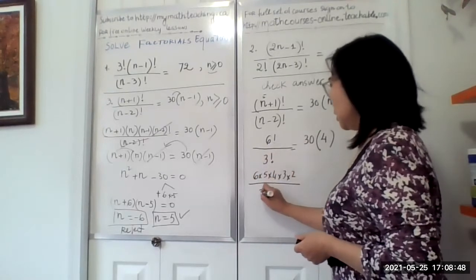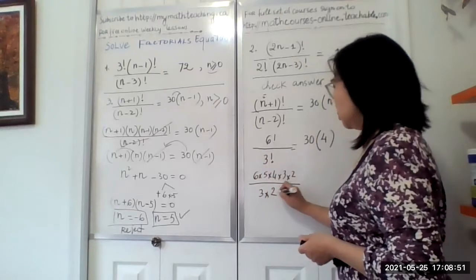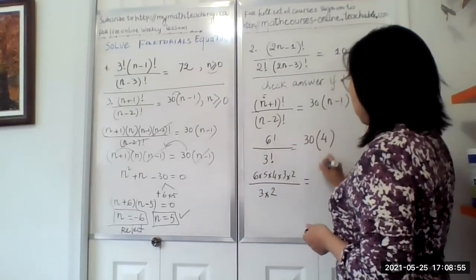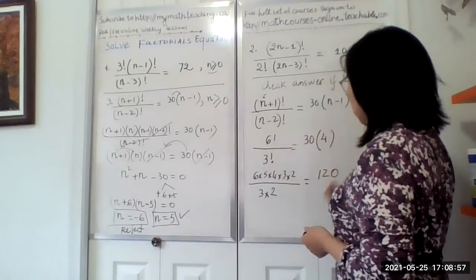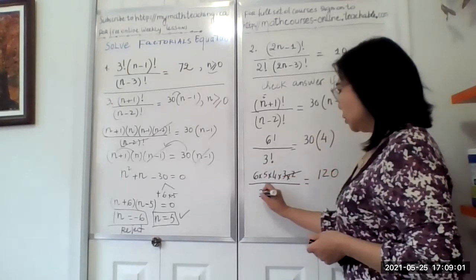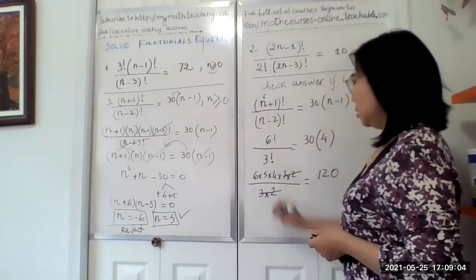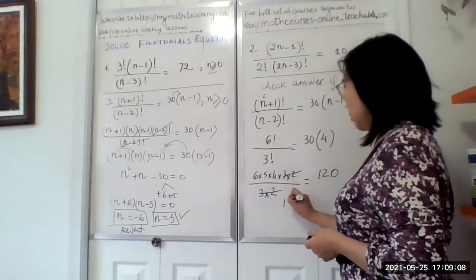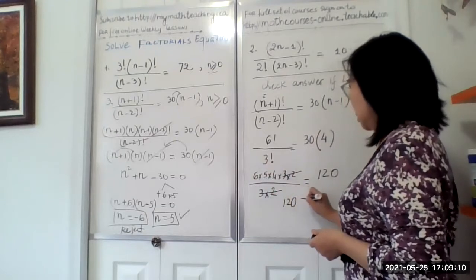Down here we have 3 times 2, equal 30 times 4 is 120. Now let's cancel the 3 times 2 here with the 3 times 2 down here. So we have 6 times 5 is 30, 30 times 4 is 120.